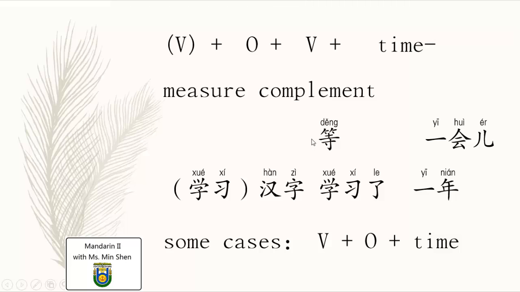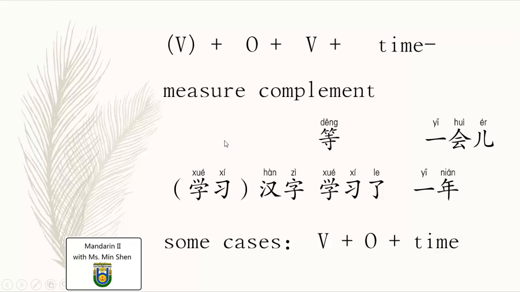For example, wait for a while. 等一会儿. So 等 is the verb and there is no object, and 一会儿 tells for how long, for a while, and then we just put 一会儿 right after the verb.